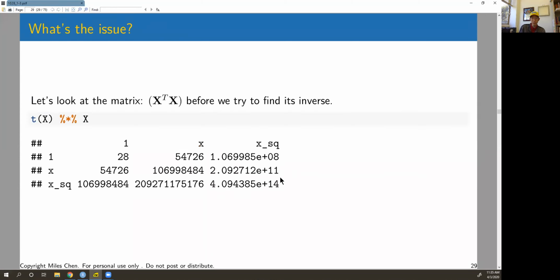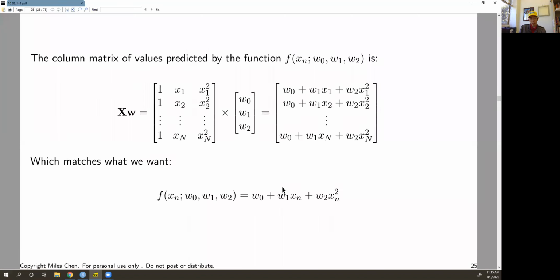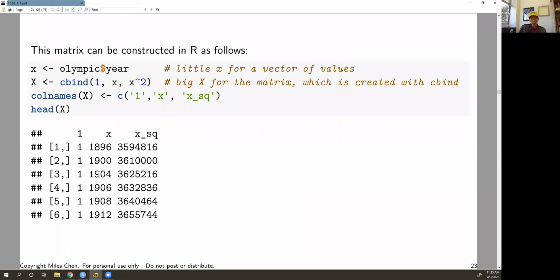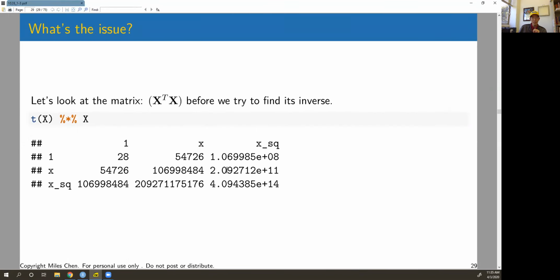What is going on is that when you look at this matrix, X transpose X, some of our answers are coming out really, really big. Back here, when I squared X, I got something on the order of 3,610,000. And when I take this n by 3 matrix and do X transpose X, that last column is something on the order of 4 million.